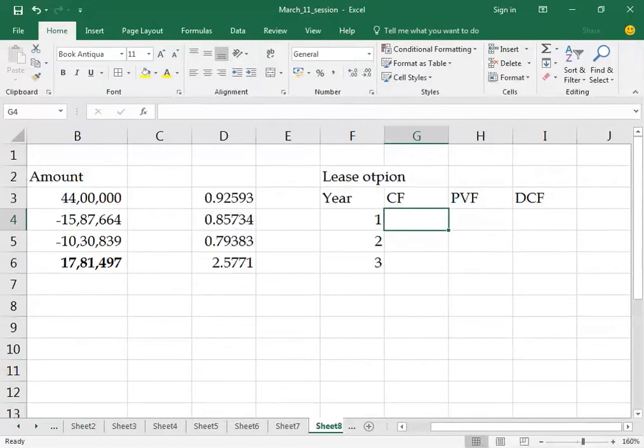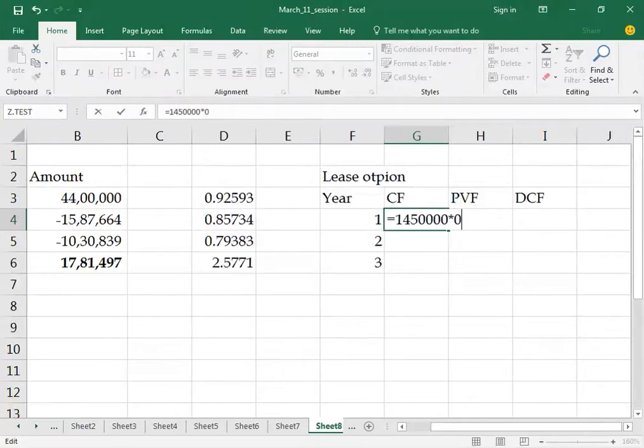What is the year one rental? 10 lakhs rental. 10 lakhs. 10% of the rental, so 14 lakh 50, no? After tax. 14 lakh 50 into 50%. 15 lakhs into 50%.